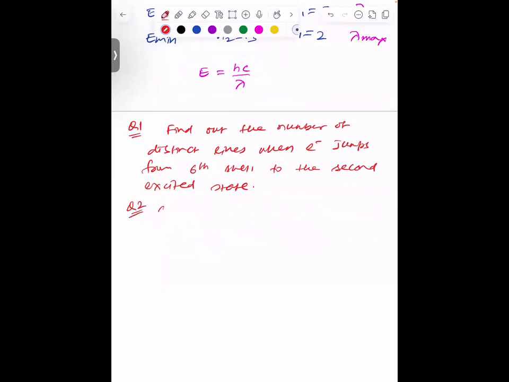Second, calculate E max and E minimum for the transition in the Balmer series for He plus ion.